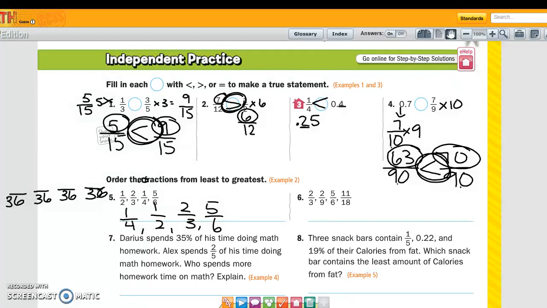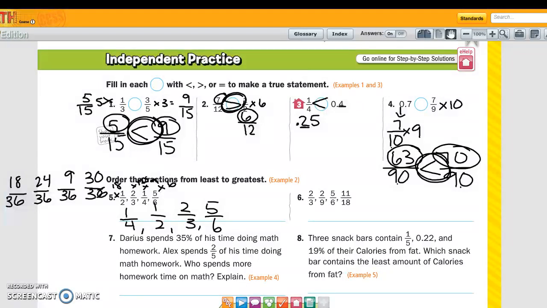So 2 to get to 36, we're going to multiply by 18. 18 times 1 is 18. To make 3 into 36, we're going to be multiplying by 12. 2 times 12 is 24. To make 4 into 36, we're going to multiply by 9. So we get 9. And then to get 6 to 36, we're going to multiply by 6. So 5 times 6 is 30.